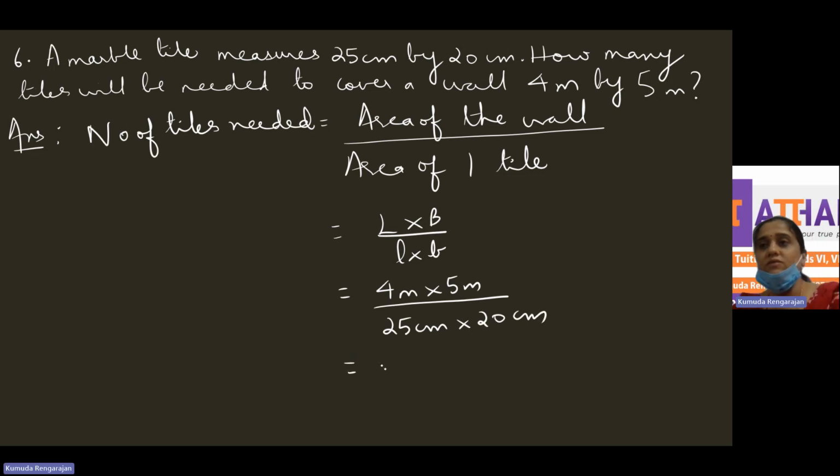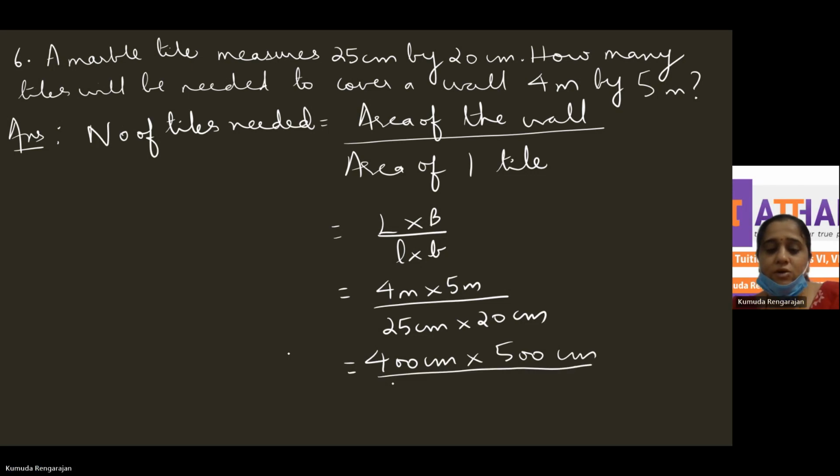What is 4 meters equal to, how many centimeters? 4 meters is 400 centimeters. So 400 centimeters into 500 centimeters, that is 5 meters, divided by 25 centimeters into 20 centimeters.